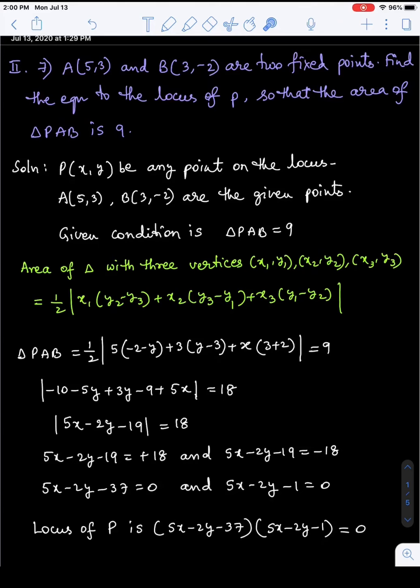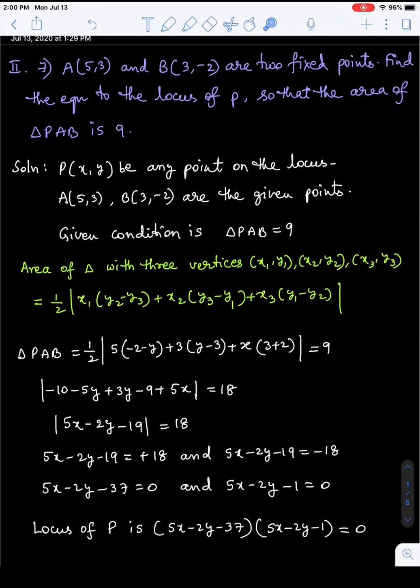Here (x1, y1) is A, (x2, y2) is B, and (x3, y3) is (x, y). We can take it in any way; here I am taking it in that way. So don't confuse.